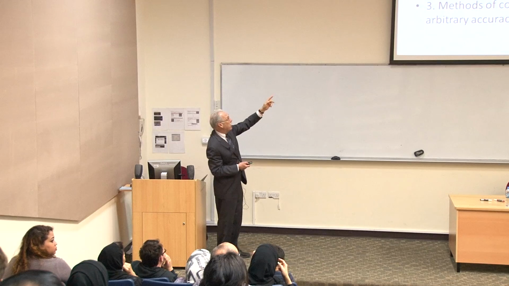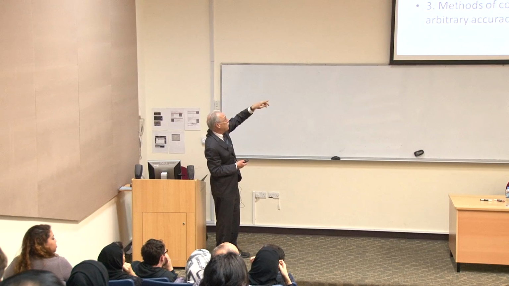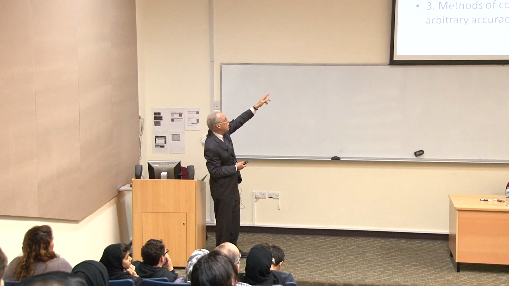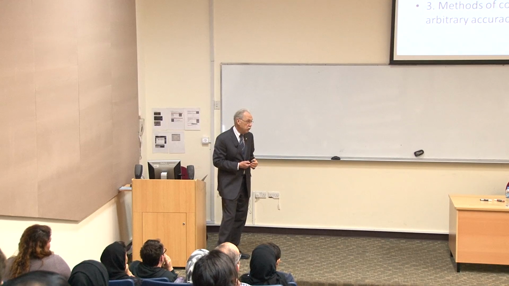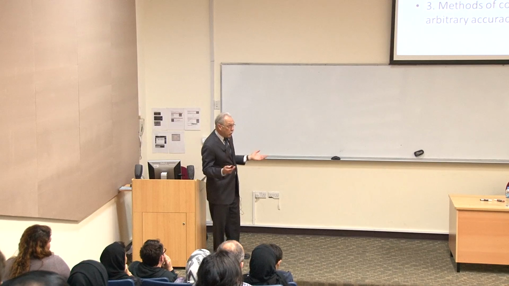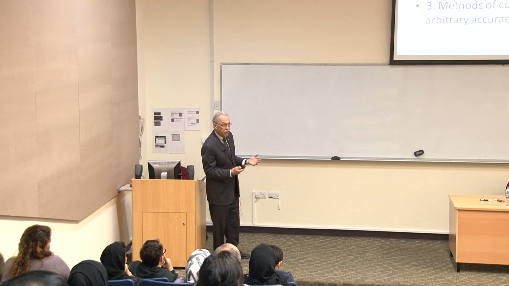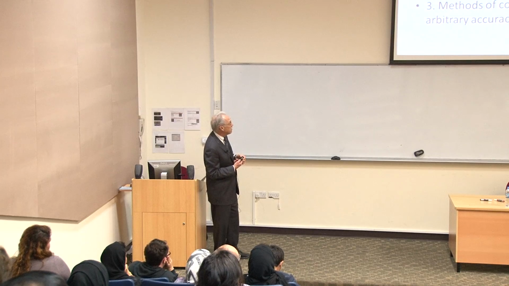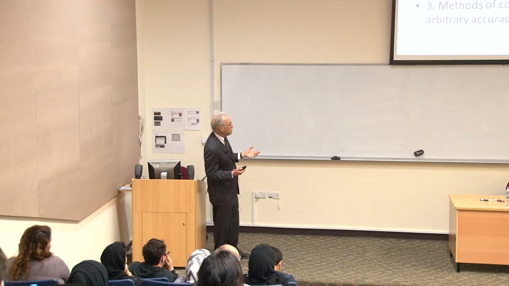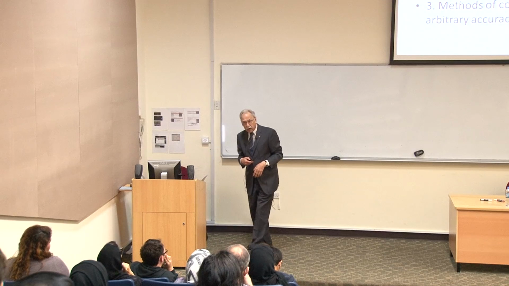The law of sines, which was both for plane and spherical triangles, and that much simplified the task of surveyors and astronomers in calculating unknown parts of triangles from the known parts. And the third, methods of computing trigonometric tables to arbitrary accuracy.